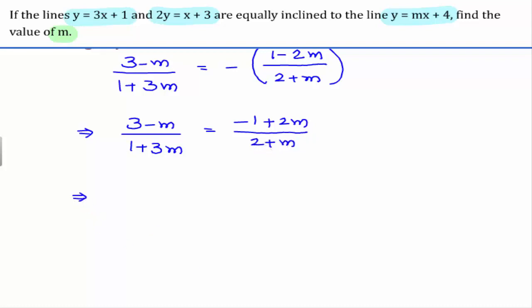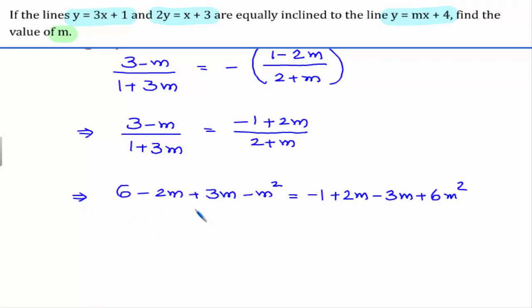By cross multiplying, we get 6 minus 2m plus 3m minus m square is equal to minus 1 plus 2m minus 3m plus 6m square. Let us simplify this. We get 6 plus m minus m square, which is equal to minus 1 minus m plus 6m square.